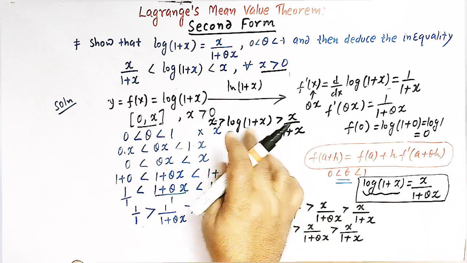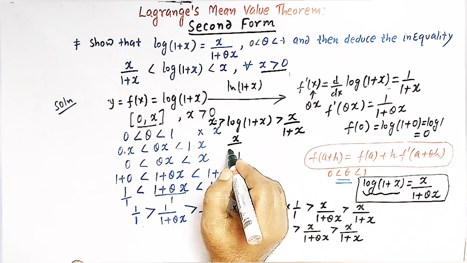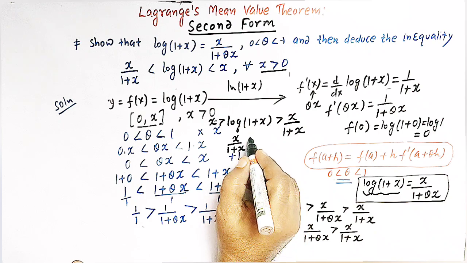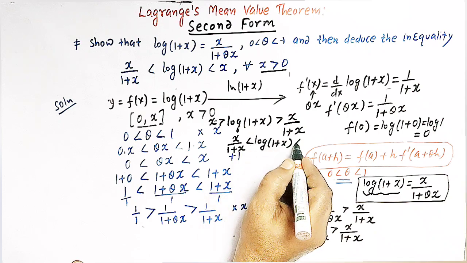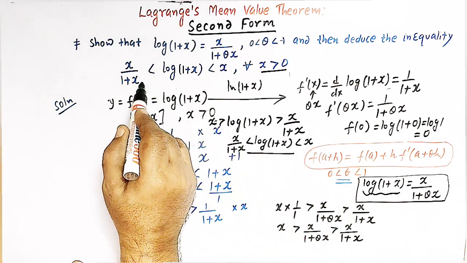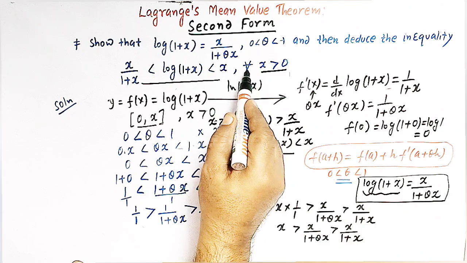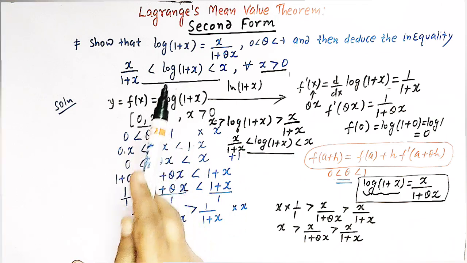Now let us rewrite this inequality by writing x over 1 plus x, then we have log of 1 plus x, and then we have x, and this is our required inequality for all x greater than 0, right? So viewers, this is how by making use of the second form of Lagrange's mean value theorem we can solve this problem.